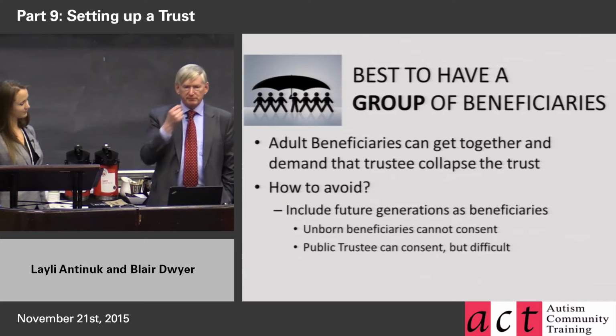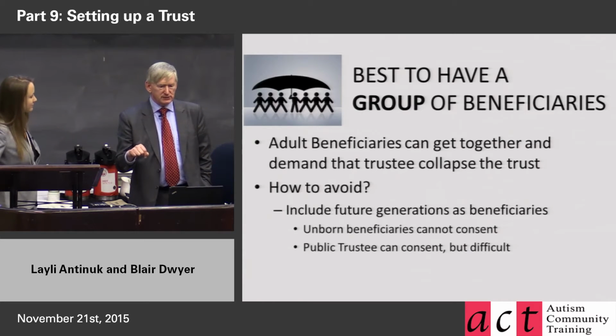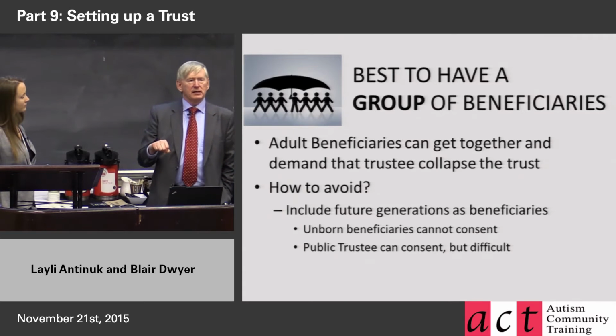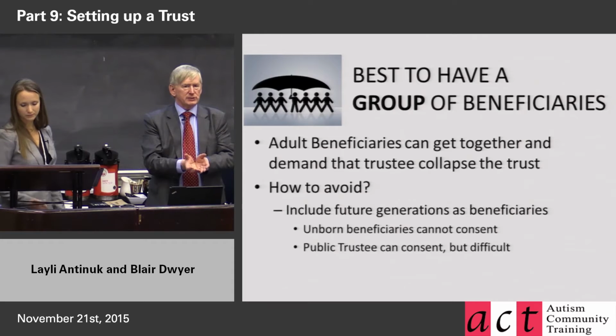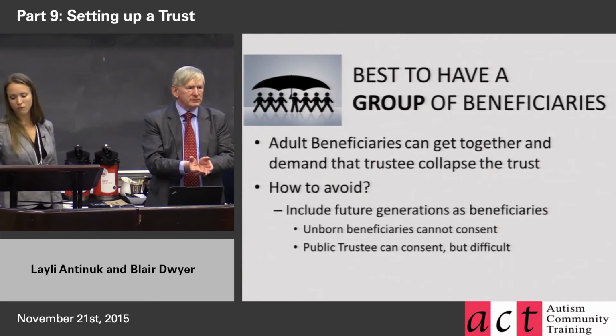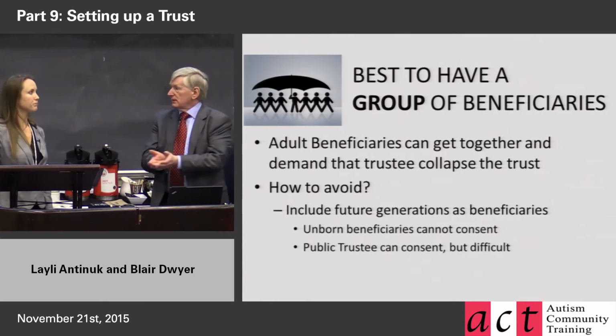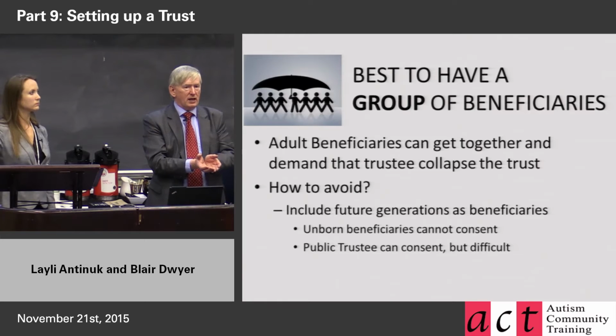It's best to have a group of beneficiaries, because at trust law, if you have a closed group of beneficiaries, so if you just said Laylee and her spouse are the beneficiaries, so there's no other beneficiaries, Laylee and her spouse can get together and say, we want the money in the trust.